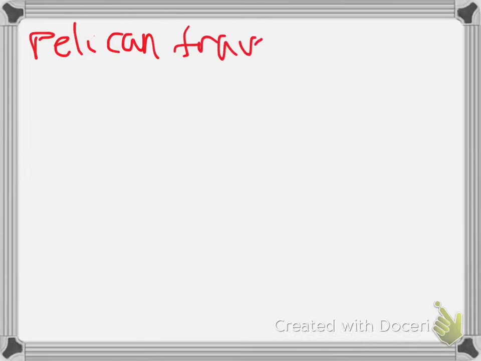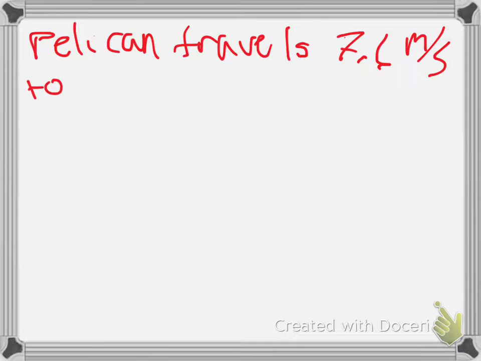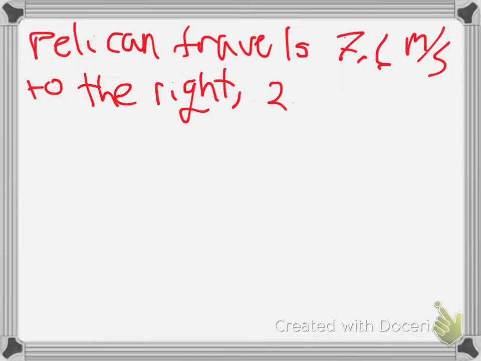Okay. So a pelican travels 7.6 meters per second to the right, 2.7 meters above water.